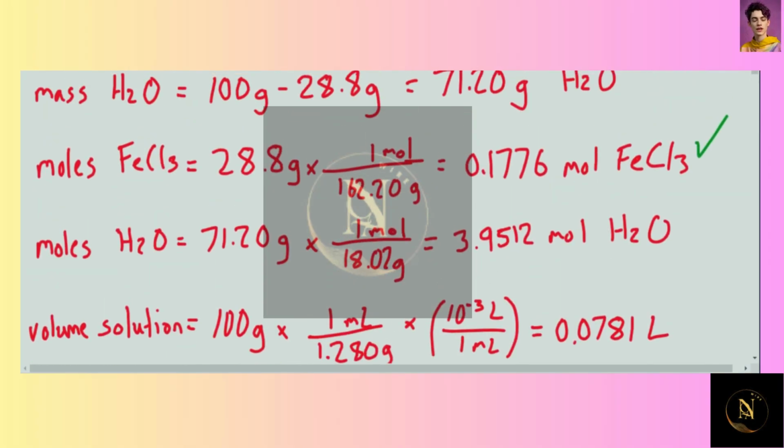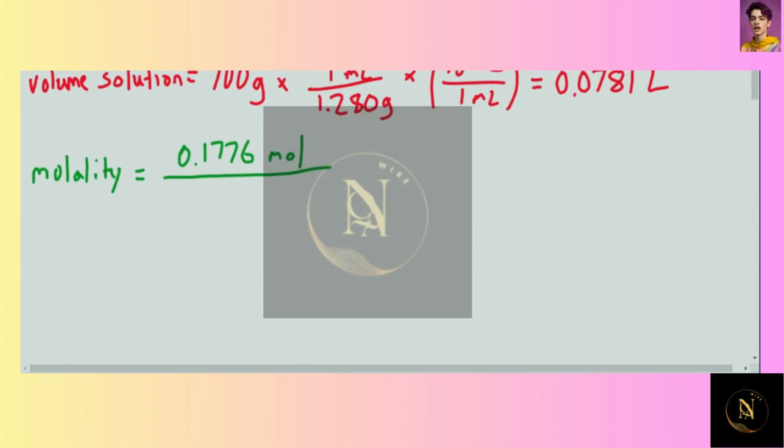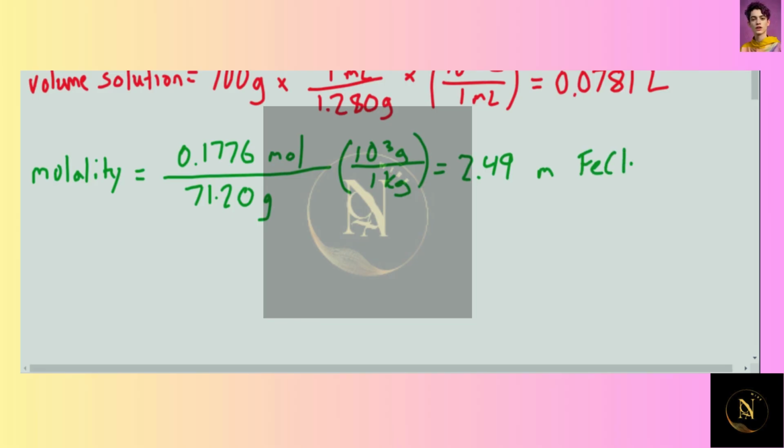We calculated it to be 71.20 grams, and we just need to throw in our conversion so we can convert from grams to kilograms. And we get a value of 2.49 lowercase m iron chloride.